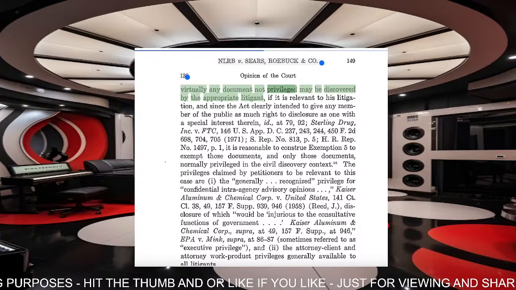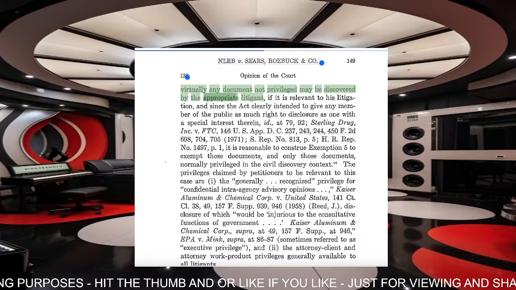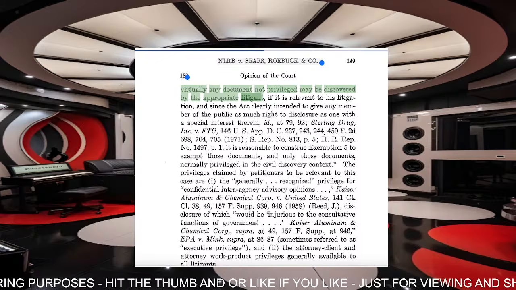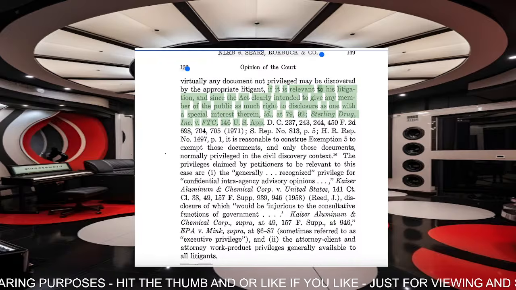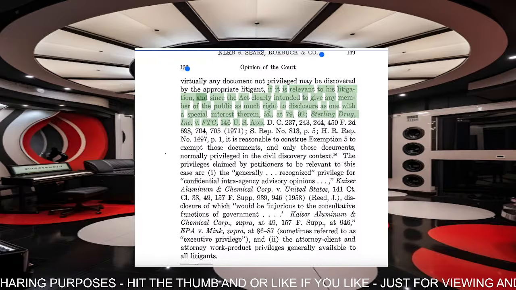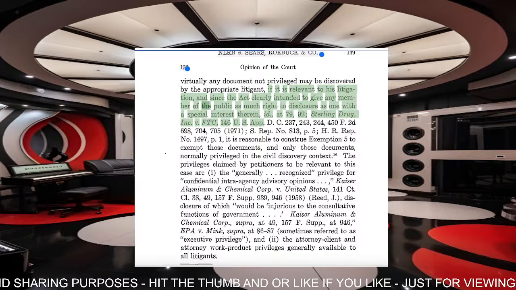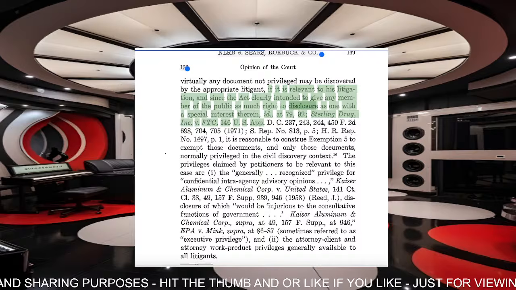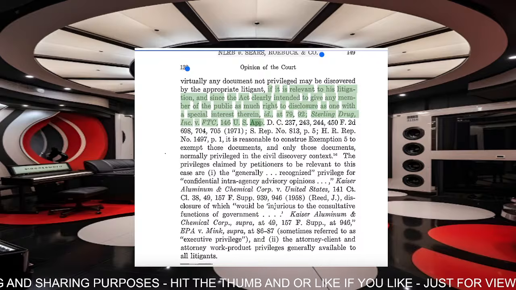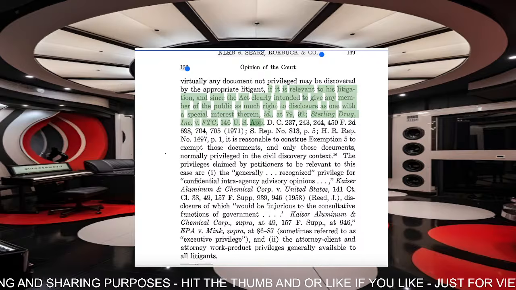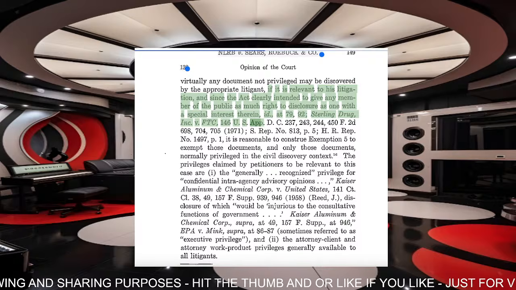Virtually any document not privileged may be discovered by the appropriate litigant, if it is relevant to his litigation, and since the Act clearly intended to give any member of the public as much right to disclosure as one with a special interest therein, id. at 79-92, Sterling Drug, Inc. v. FTC, 146 U.S. App.